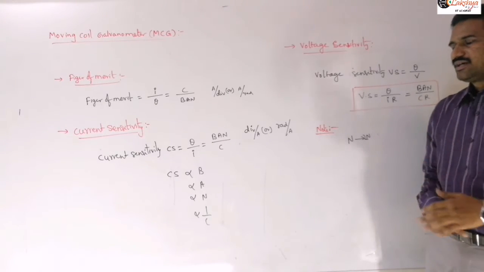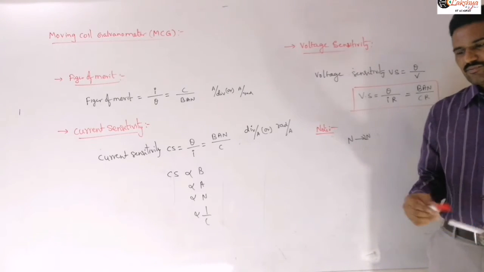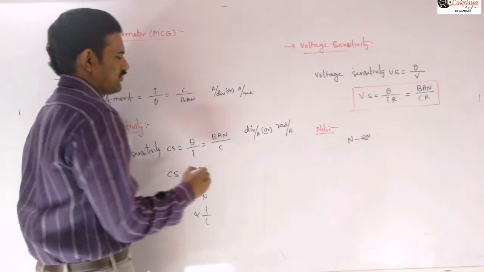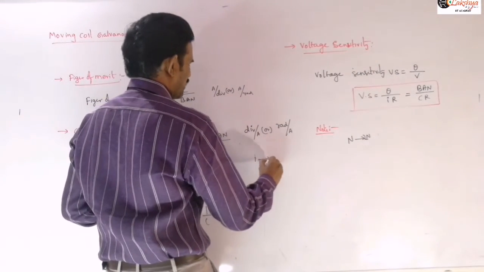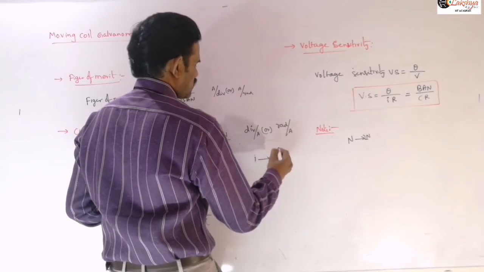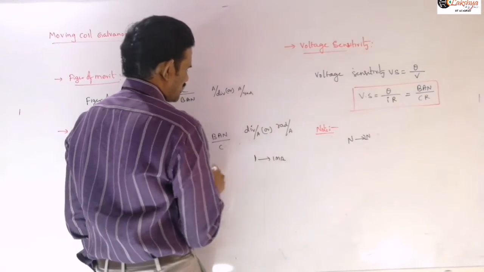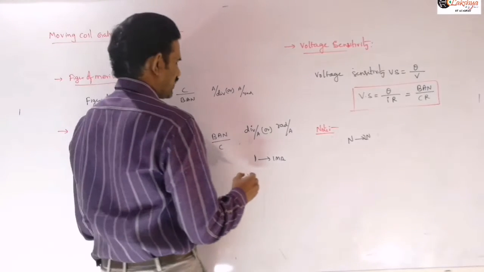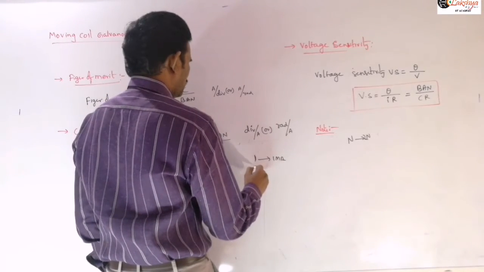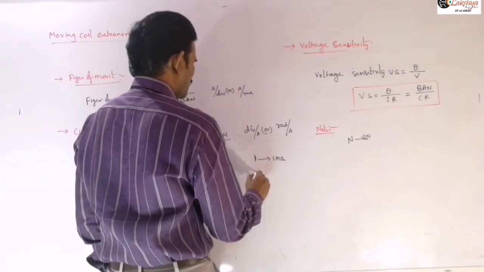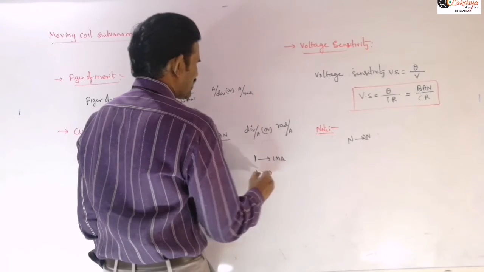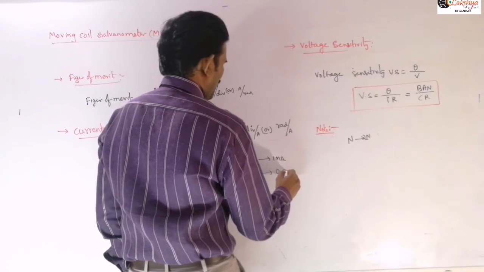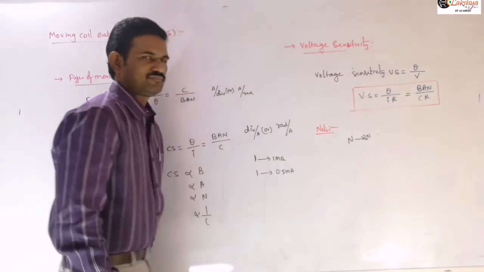That means for one division, if we need 1 milliampere current in one galvanometer, whereas in another device, for one division, suppose 0.5 milliampere current is required.